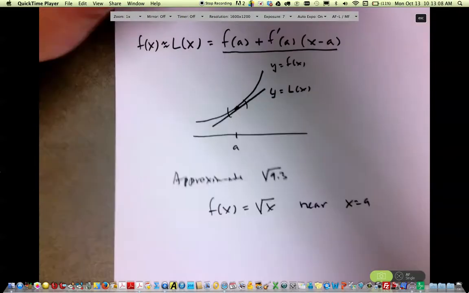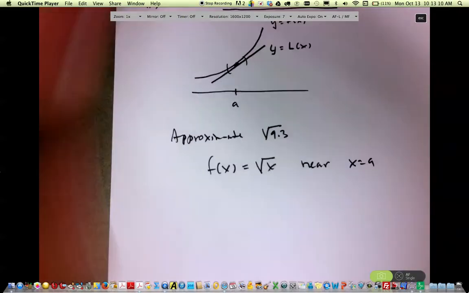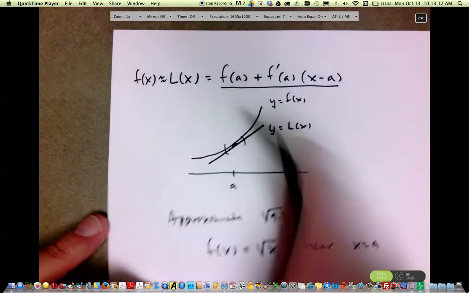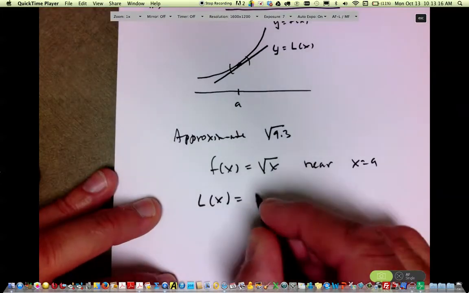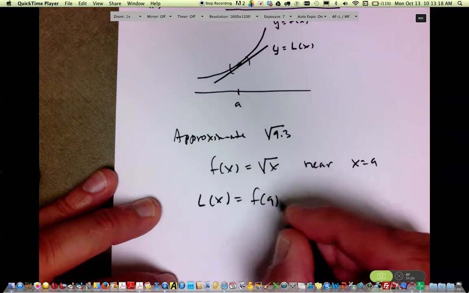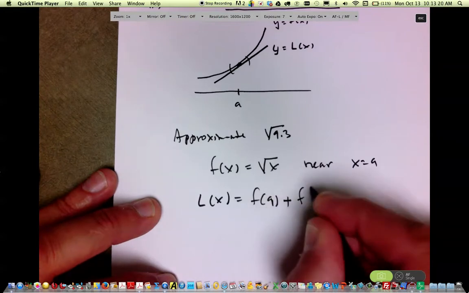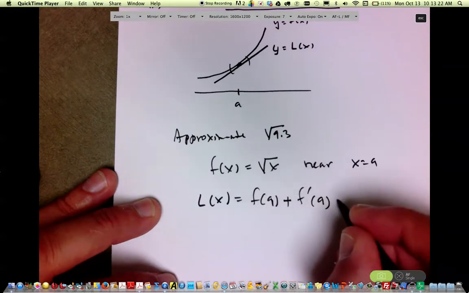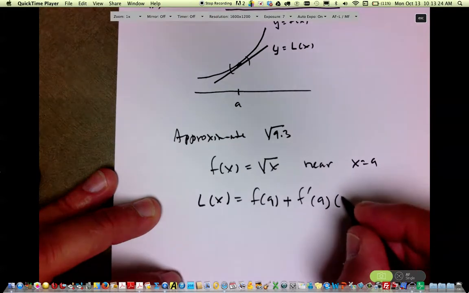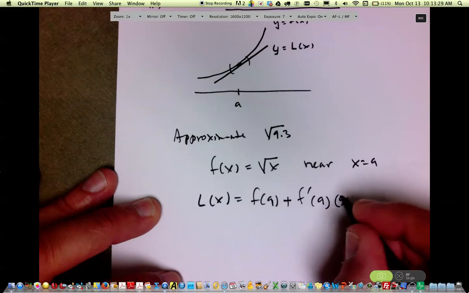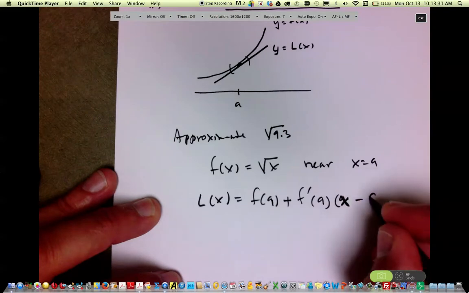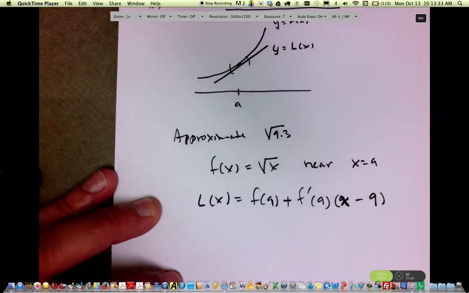So according to our formula up here, L of x is going to be equal to the function evaluated at 9 plus the derivative of the function evaluated at 9 times x minus a, which is 9, so x minus 9.